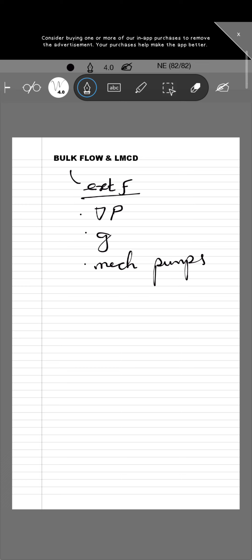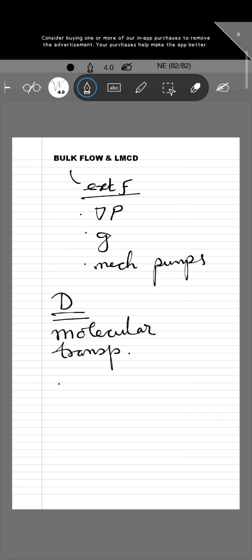It is different from what we know as diffusion flow. A diffusion flow is mainly related to molecular transport, and it is based upon the Navier-Stokes equation.